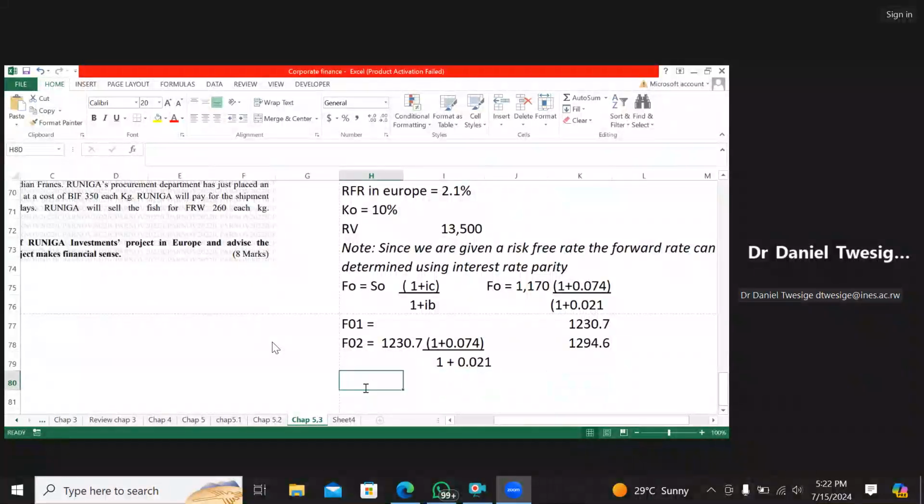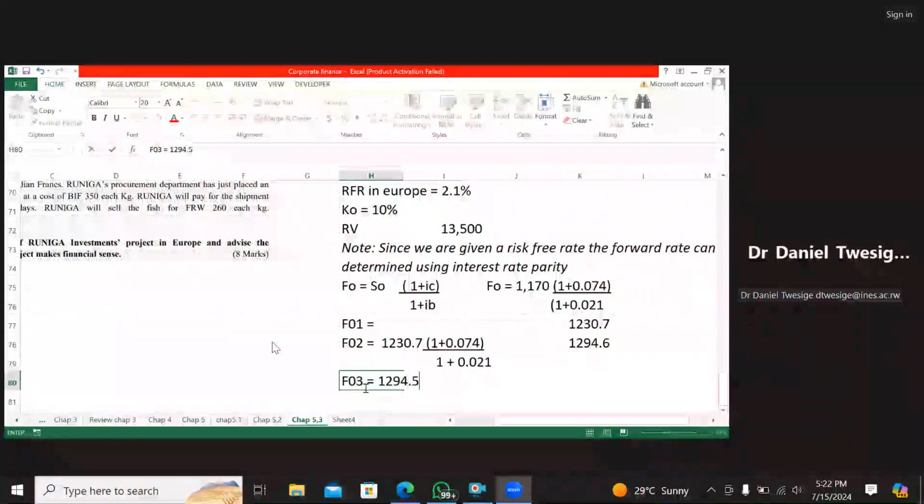If you go to year 3, the forward rate in year 3 will be 1294.6 into the same factor.